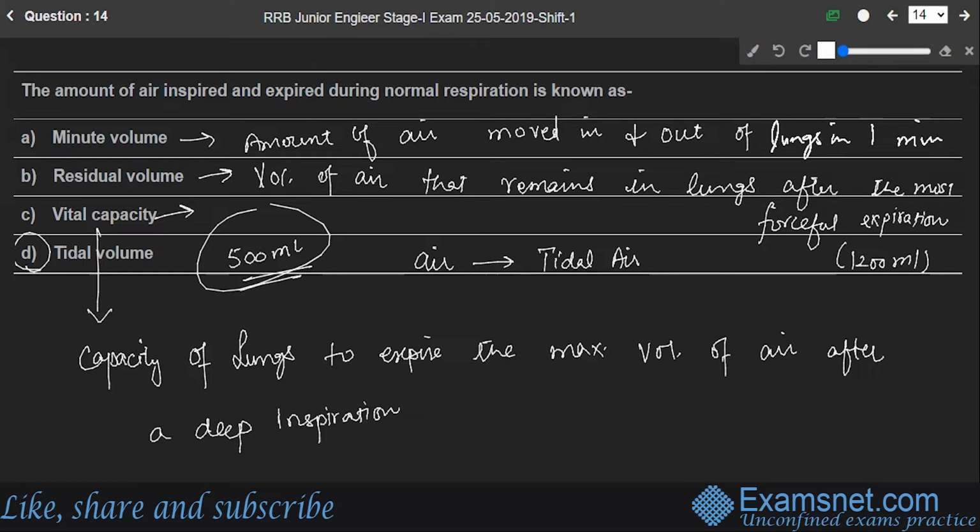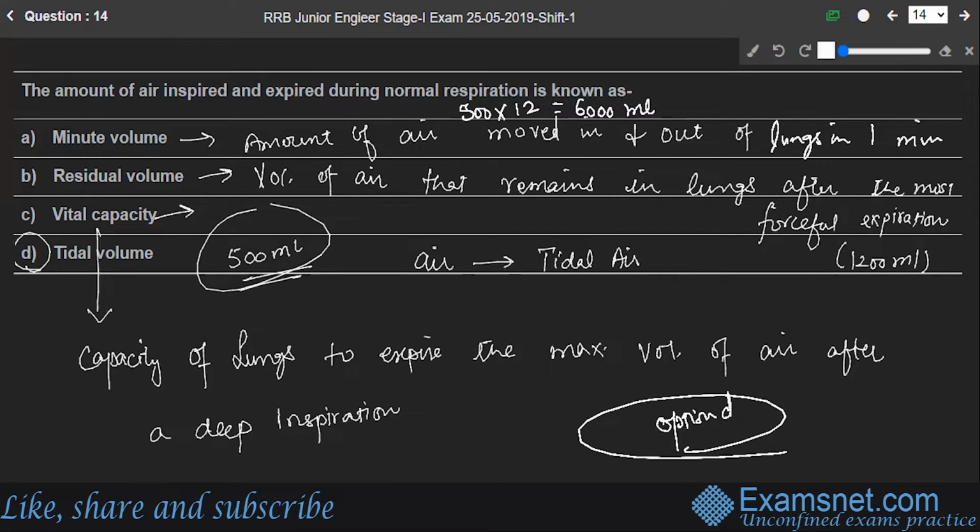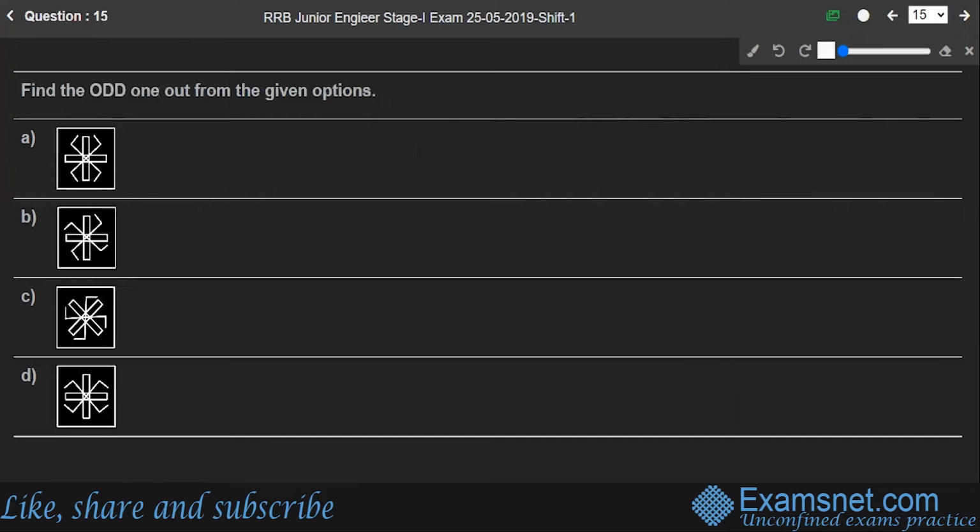Now it is equal to the tidal volume times the number of breaths per minute. So this is approximately 6,000 ml. All right. So that means we have option D as the right answer to the question. Hope you got that. Let's move to the next question.